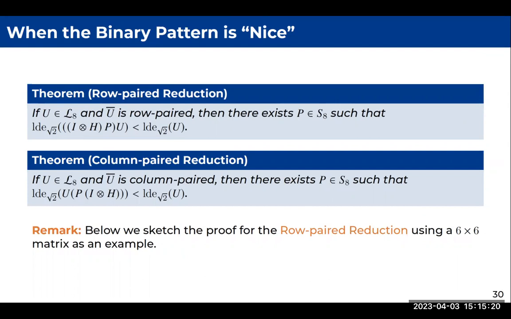Now, recall earlier, reducing the LDE means sending our unitary step by step closer to the identity. So we are marching towards our destination of exact synthesis. Therefore, this row paired and column paired reduction lemma can be thought of as the analog of the column reduction lemma that we mentioned earlier. So below, we're going to sketch the proof for the row pair reduction, and column pair is just a very similar idea, up to the transpose of the matrix.